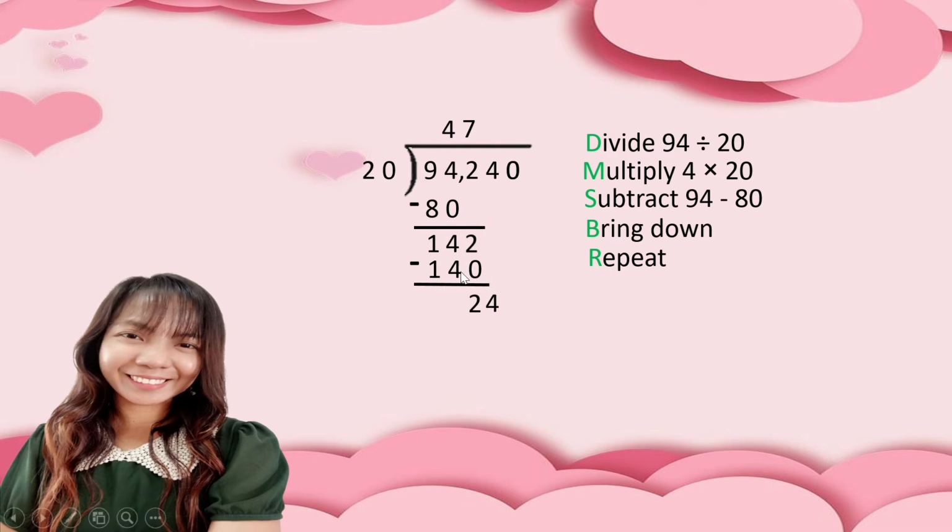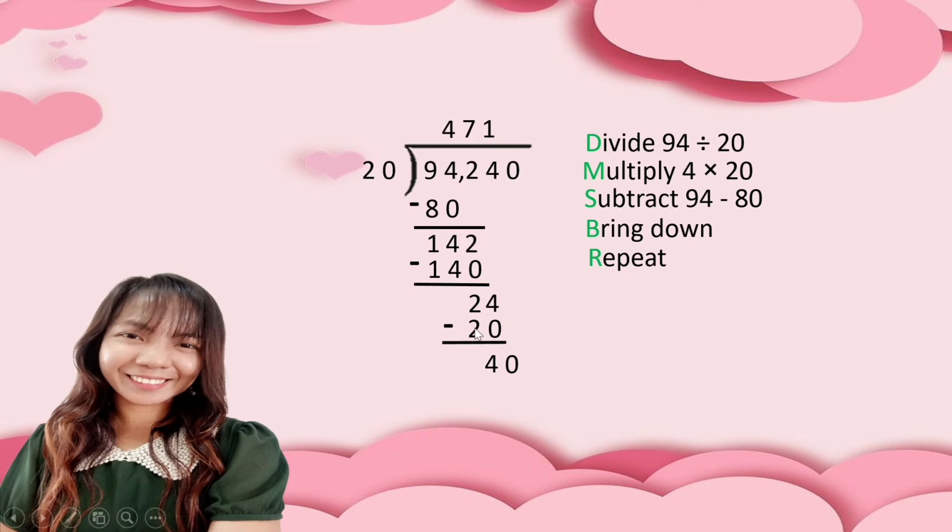Again, this one is 0, so you don't need to write it. 2 minus 0 is 2. Bring down 4. Next, repeat. 24 divided by 20, the answer is 1. 1 times 20, 20. Then subtract. 24 minus 20, 4. And then bring down 0.